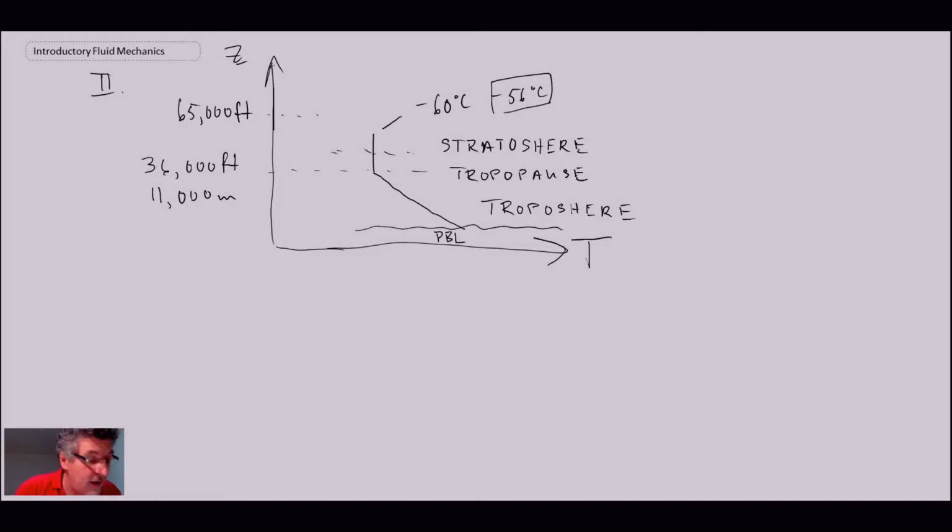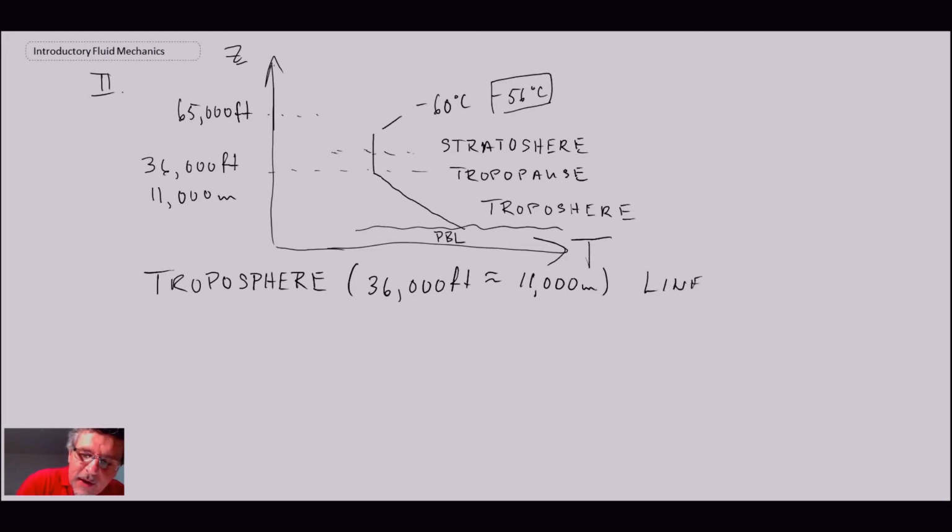The important point here is that in the troposphere, up to about 36,000 feet, which is 11,000 meters, we have a linear relationship, and we can work with that in order to solve for the pressure as a function of elevation.